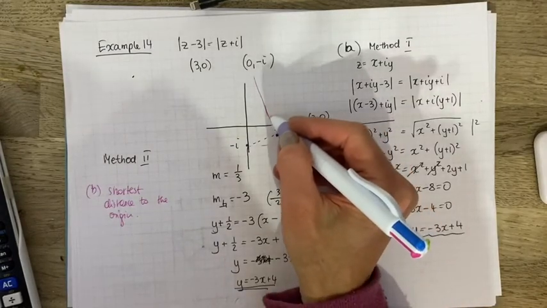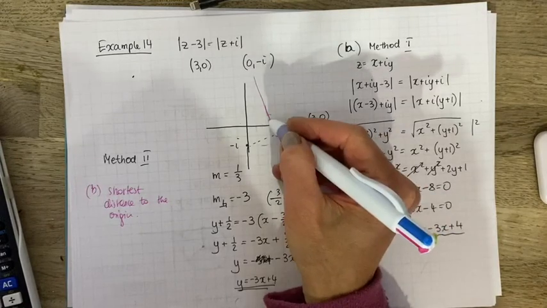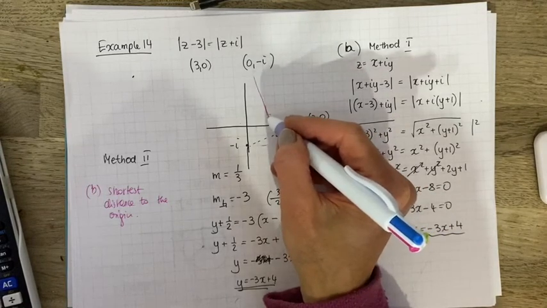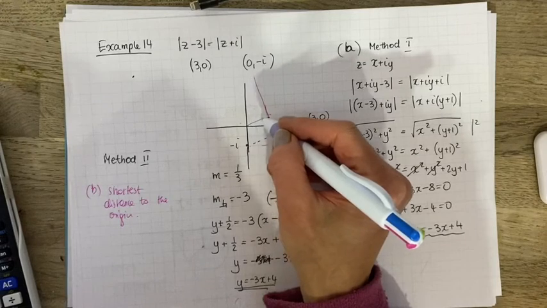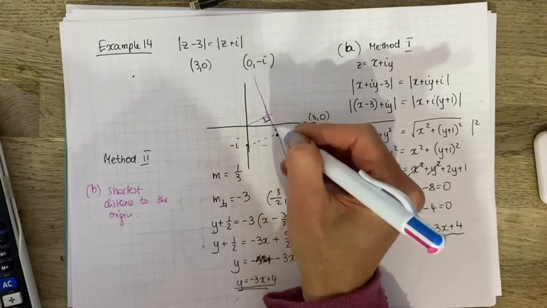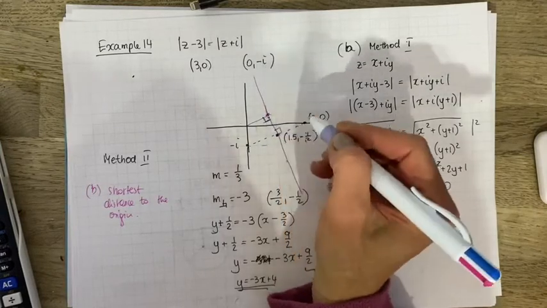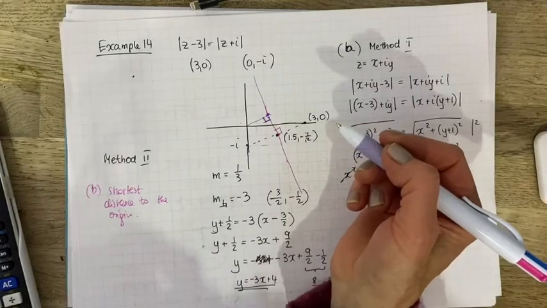Looking at the coordinates of a point on the pink line, if you were to go to the origin, you always have the shortest distance by making the right angle from the line. So we're looking at the coordinates of that point.